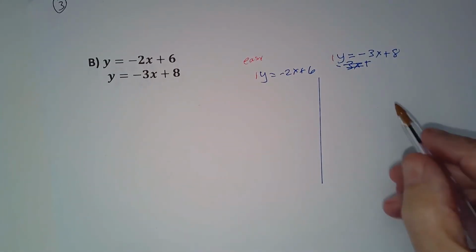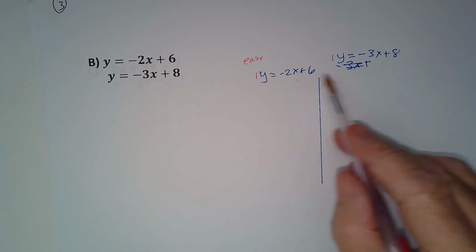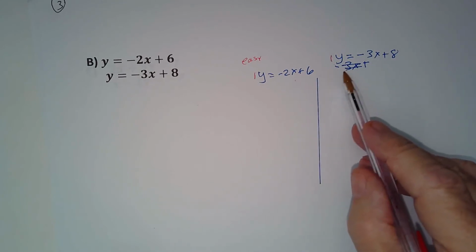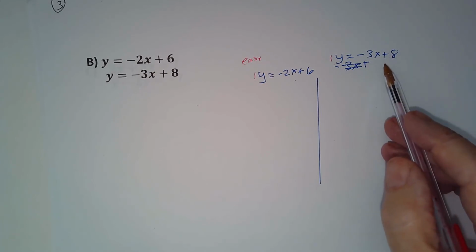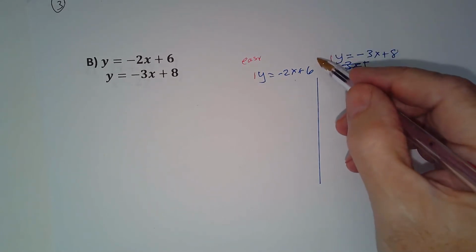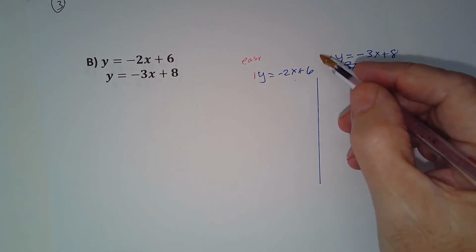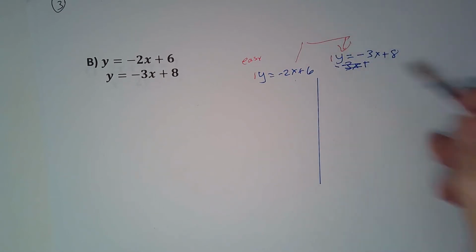variables. And so if this is what y equals, negative 2x plus 6, and this is the same y and equals negative 3x plus 8, then all I really need to do is substitute this all for y in the second equation.